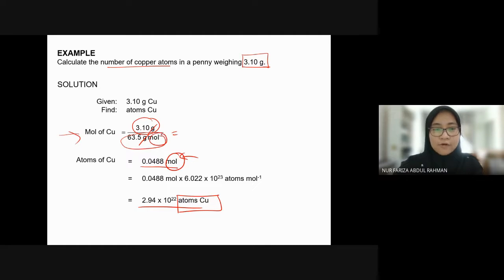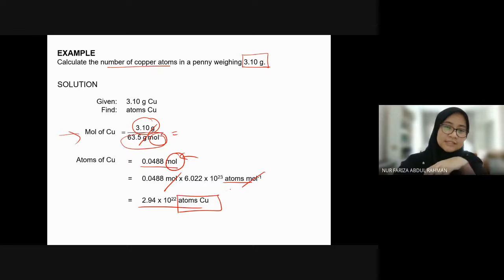Mole to the power of -1, we bring up, and we will have mole as the final unit. It should be atoms mole -1, so this mole cancels out with this mole. Mole -1, so we will end up with atoms.